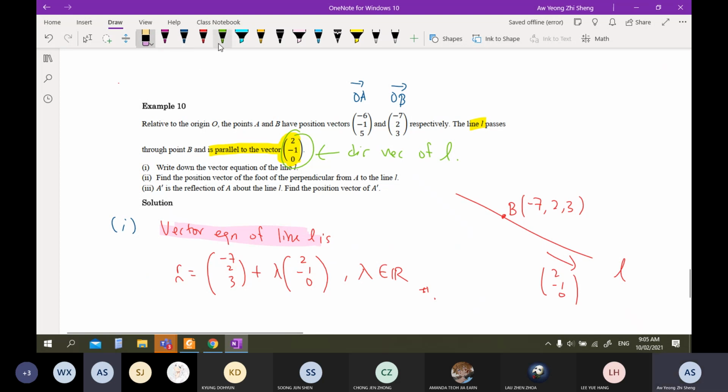If you want to write both, of course there's no problem, as long as you make it clear that you are writing the equation of line L, because there could be many different lines involved in this question.